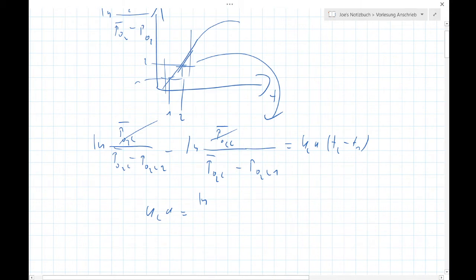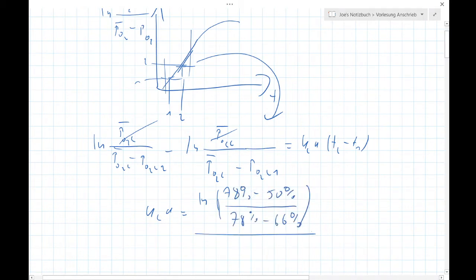I just have to look them up. It's 78 at the end, and at the two points it is 50% and 66%. So it's 78 minus 50 divided by 20 minus 5 seconds.